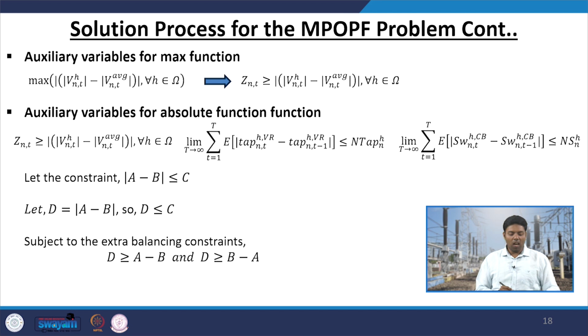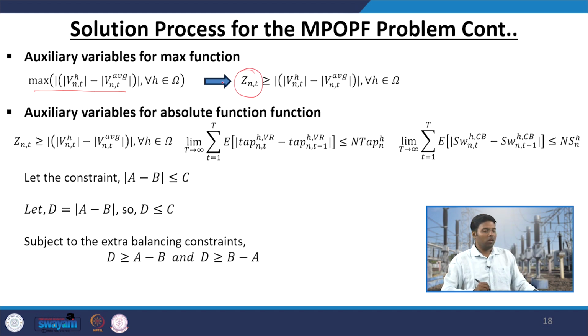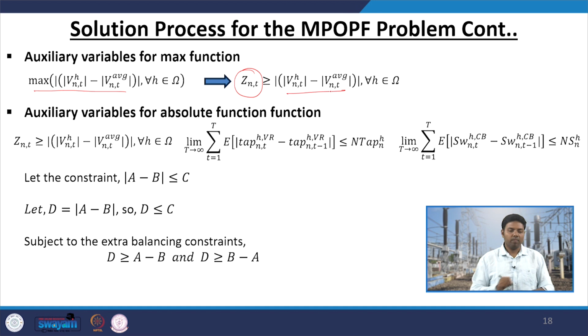If you see how we can do it, if you have a max function of two variables or the negative of these two variables, you can just replace it with the auxiliary variable z, which will be greater than or equal to the variables inside the argument. Okay.